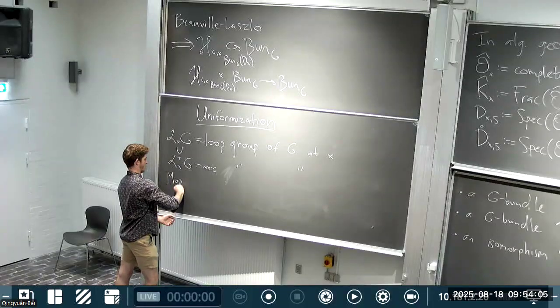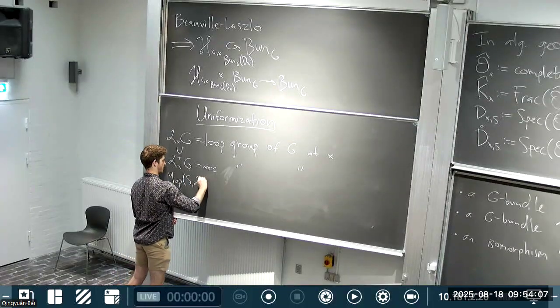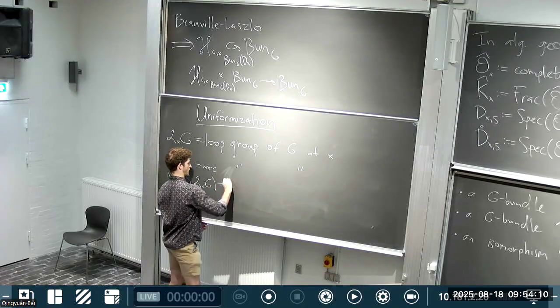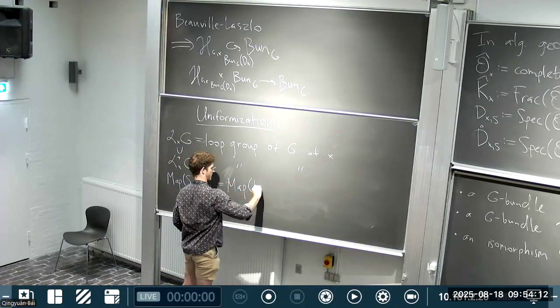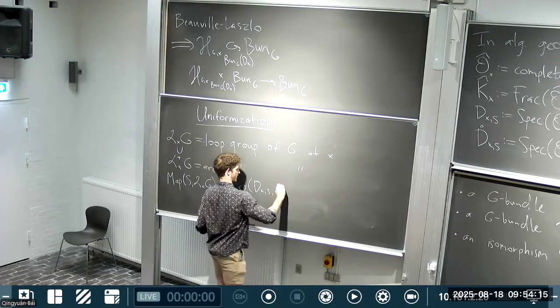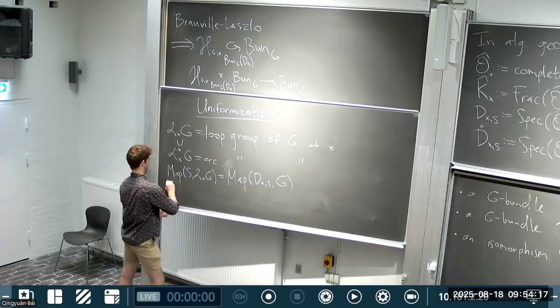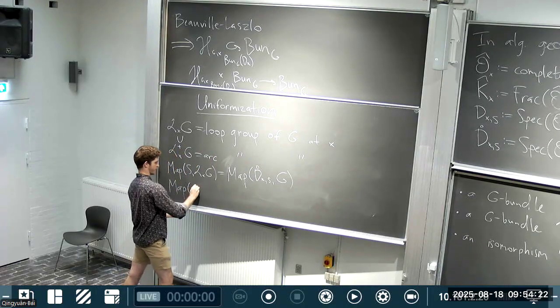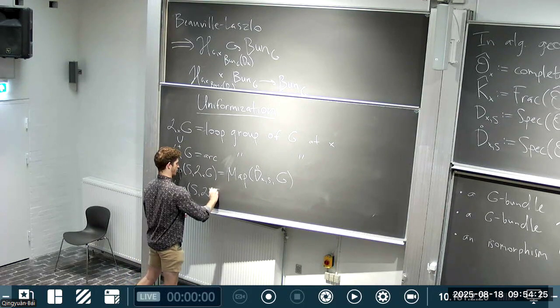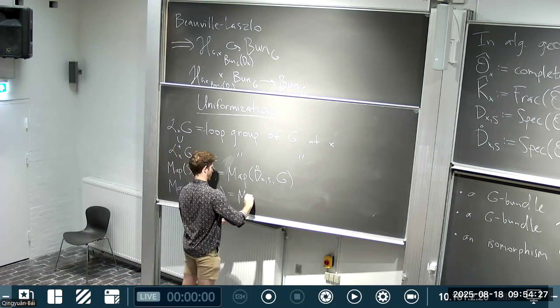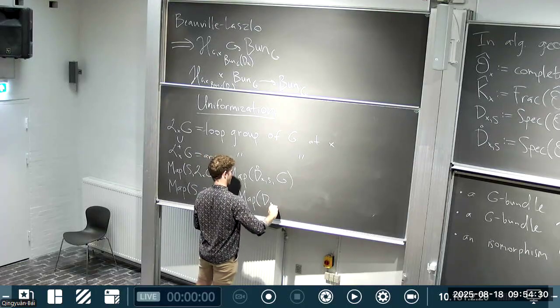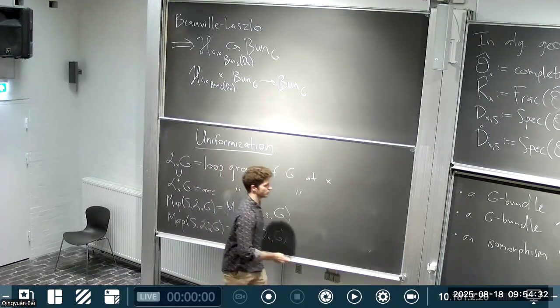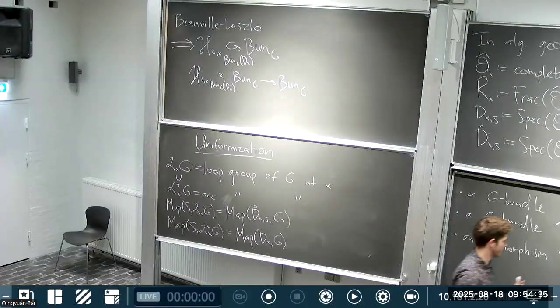So an S point of the loop group is a map from this parameterized punctured disk into G. And likewise for the arc group, it'll be the same but non-punctured. Okay, and now representability: it's not literally representable, it's not a scheme. So the loop group is not a scheme, the arc group is.